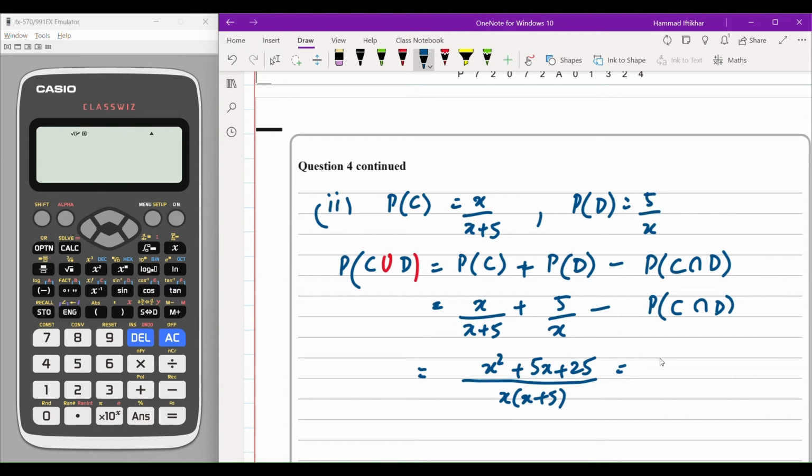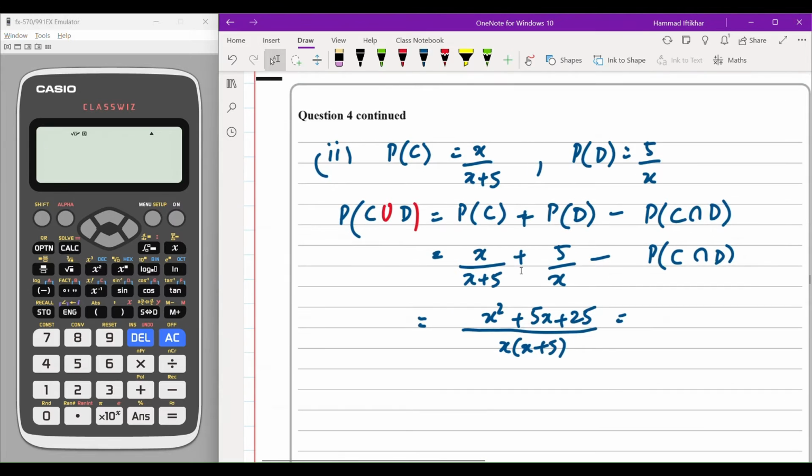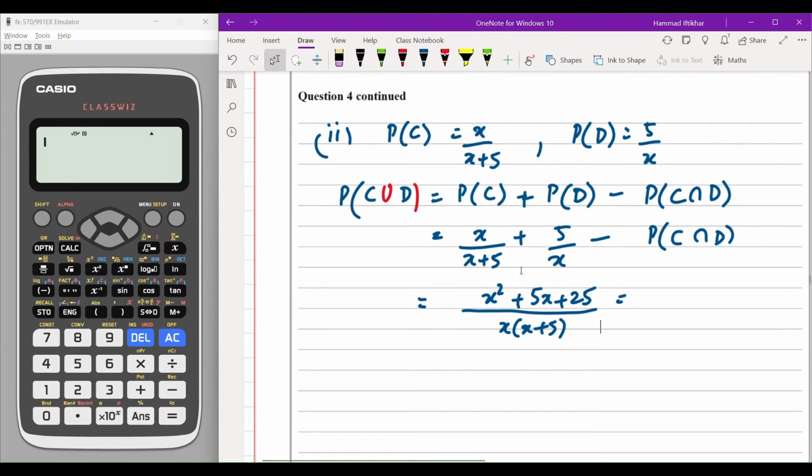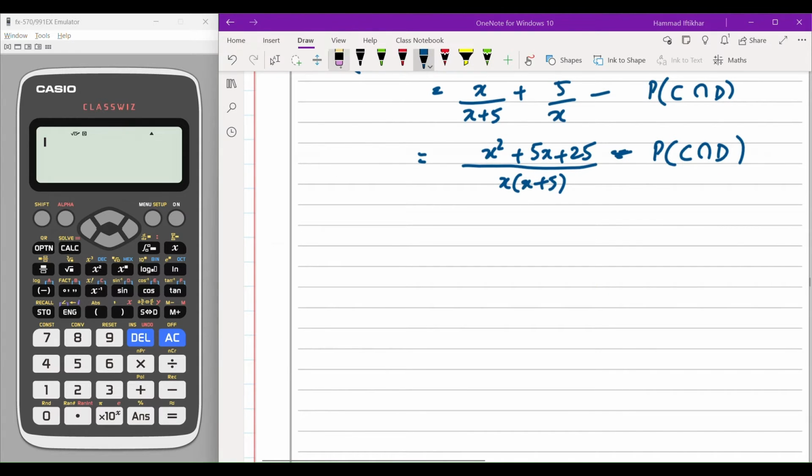Let's see how we actually show that this cannot be 0. So if I convert the denominator over here into x squared plus 5x. Now we can't cancel out the x squared plus 5x, so don't make that mistake. However, what we can do is do the long division a little bit.